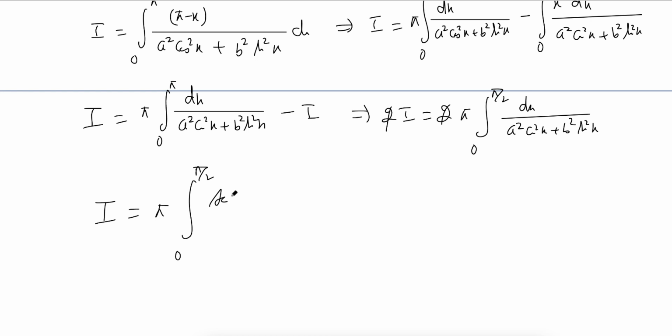I'm now dividing to get secant square x dx divided by a square plus b square tan square x. I hope all of you understood. We have to put tan x equals t. Directly I'm not going to put all those things. A, b square also I'm taking common. And wait a second.